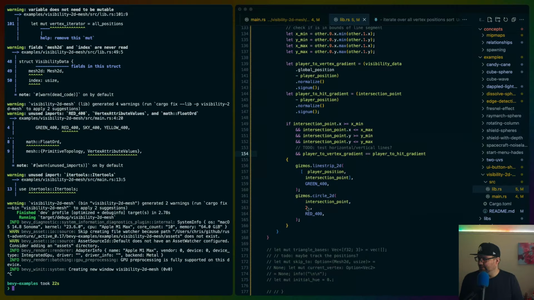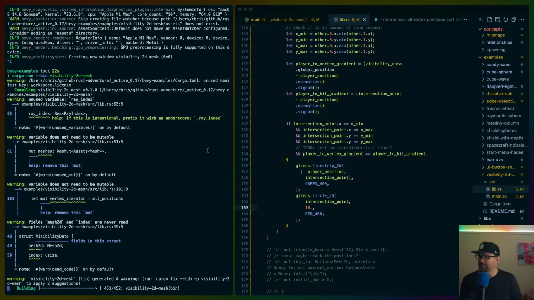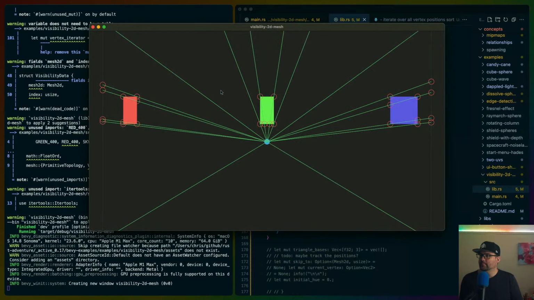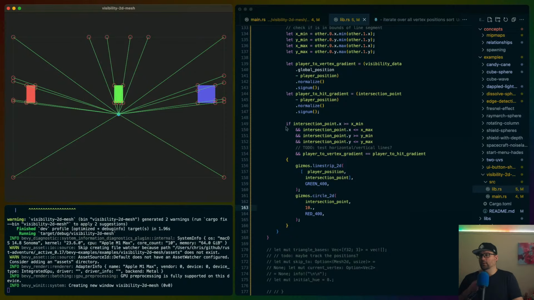It's probably pretty hard to see those on stream, yeah? So we have all of our locations with all the circles that are the hit points. We are iterating in clockwise angle-based order, starting west.